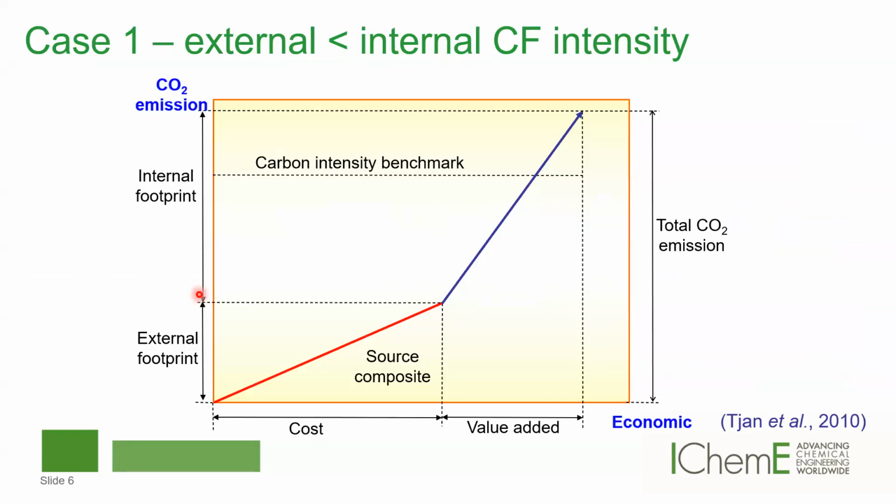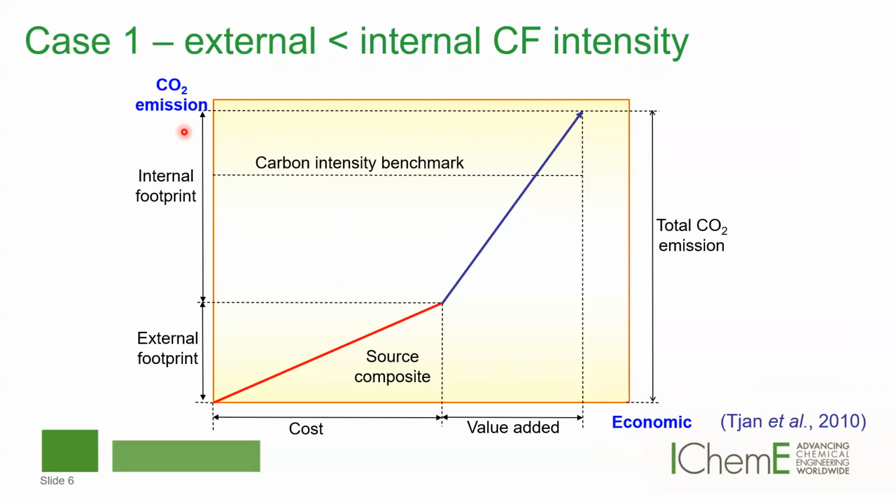Okay, let's discuss first case 1 because there are two cases. In case 1, the situation is the external carbon footprint is less than the internal carbon intensity, not footprint. So when I say intensity, it's the CO2 emission divided by the economic value of the process.